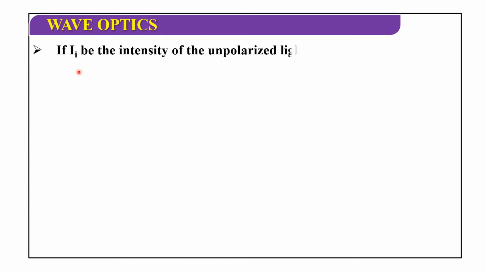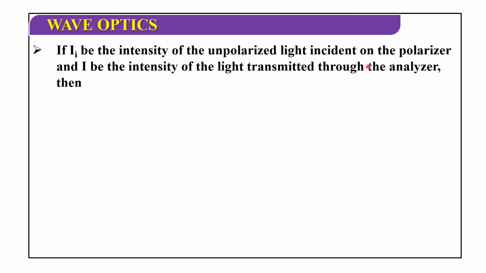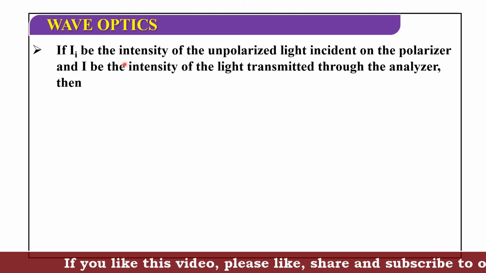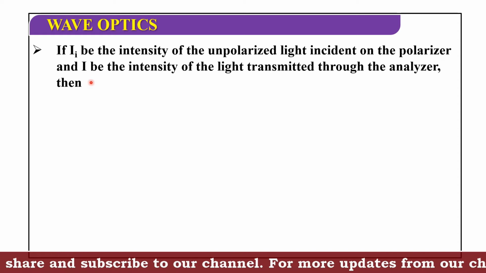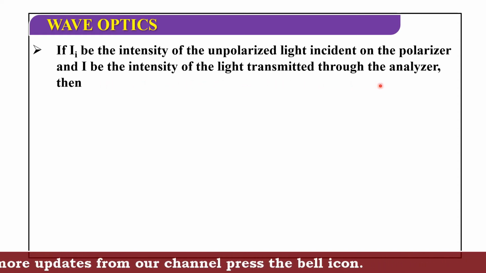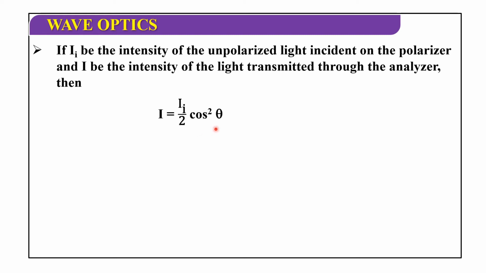If I be the intensity of the unpolarized light incident on the polarizer and I be the intensity of the light transmitted through the analyzer, then I is equal to I by 2 cos square theta.